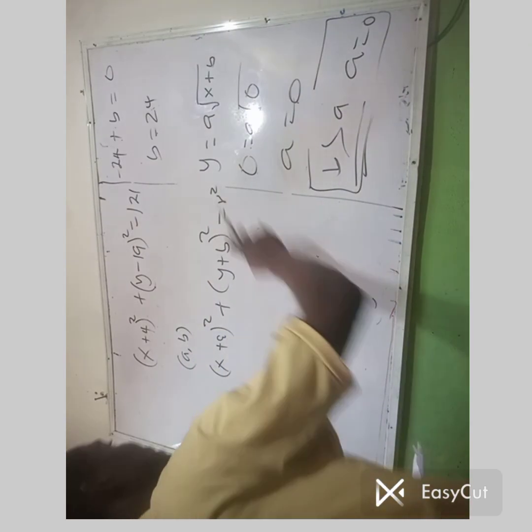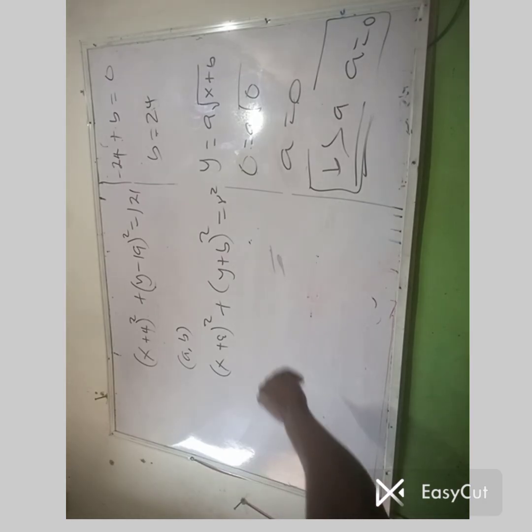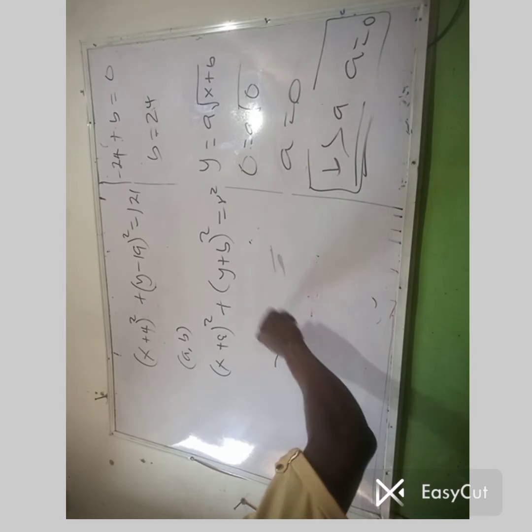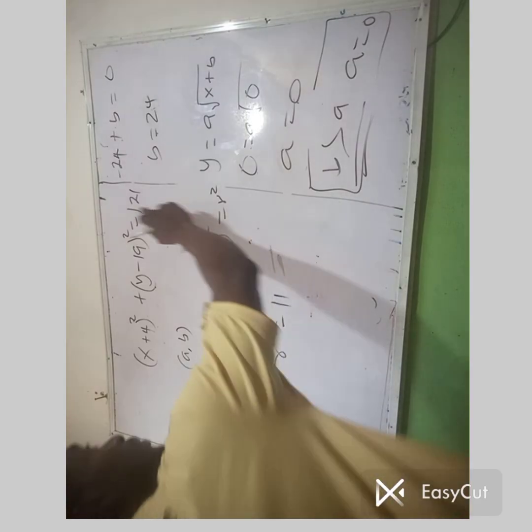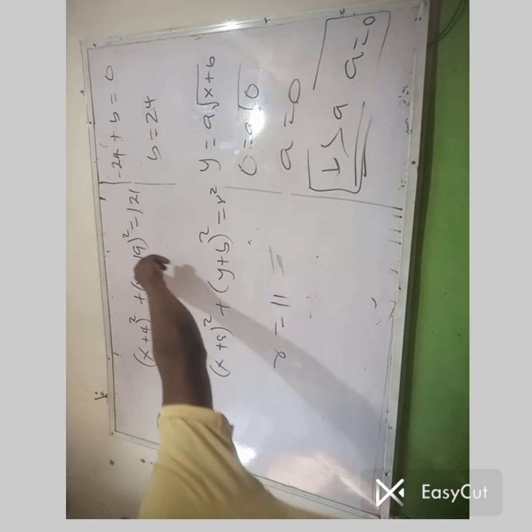If you continue like that, after your comparison, you discover that your r is 11. That's the square root of 121. Compare this, you have your r to be 11. Compare this, you have your b.